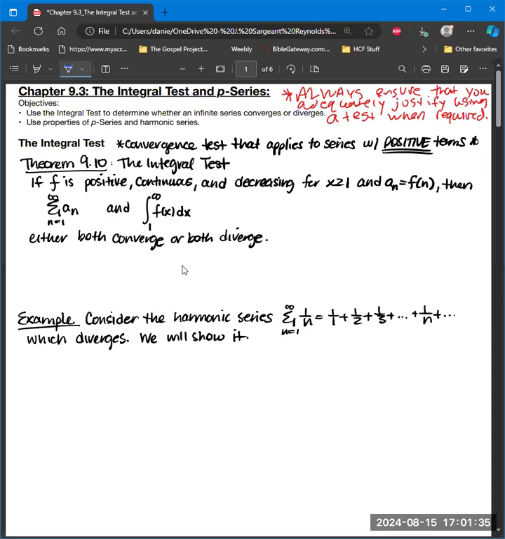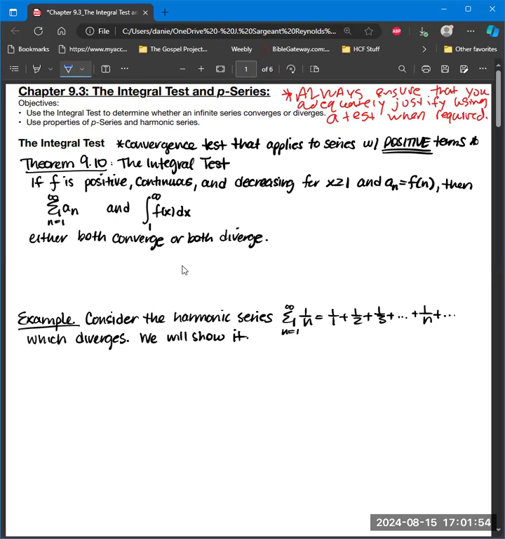So this is a test that tells us whether a series converges or diverges.